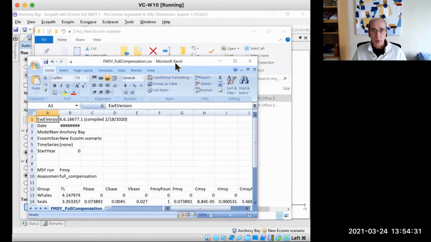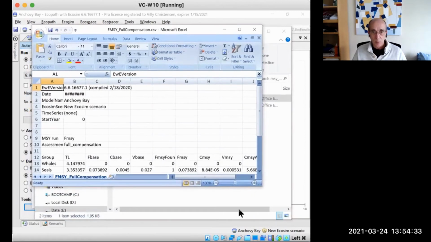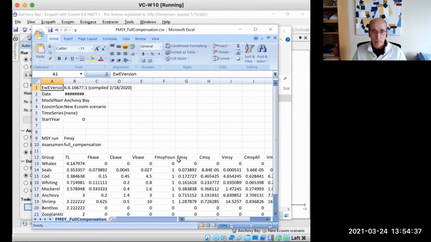And we're getting some information here, we're getting some output. One good one to look at is FMSY found. So when it ran for seal, yes, and for all of these ones, yes means it could find an FMSY. And then it gives the value for these.